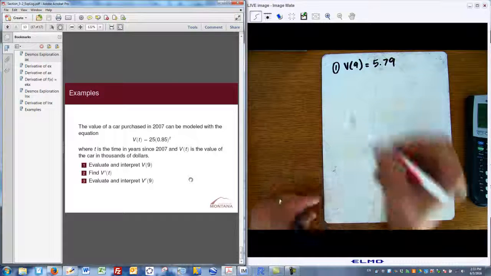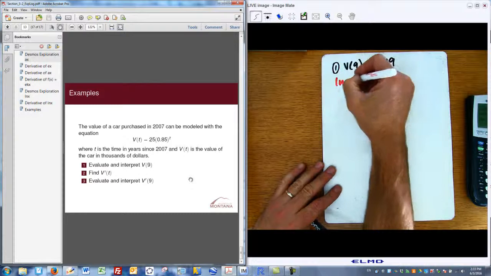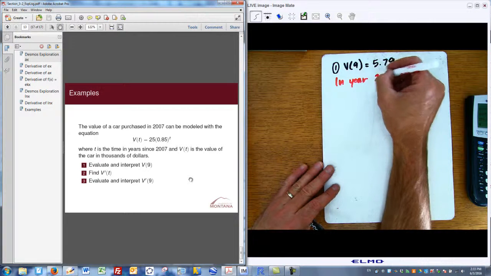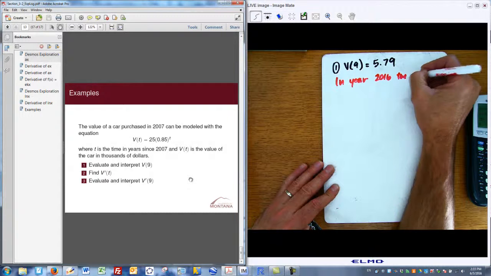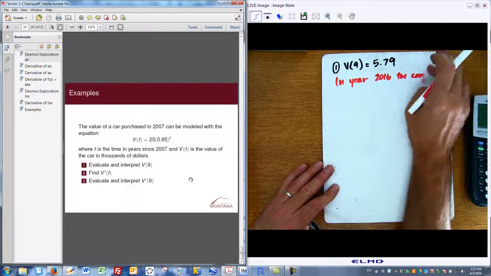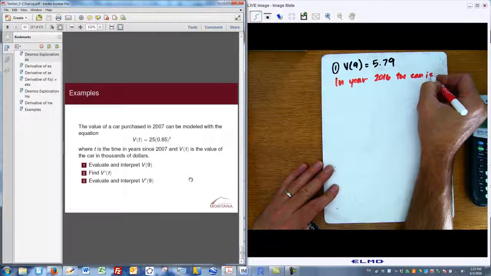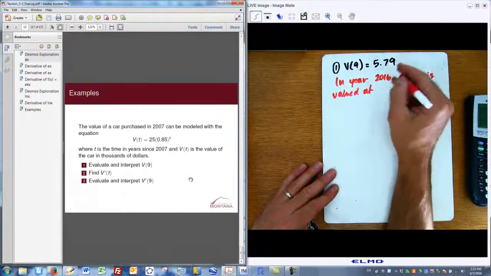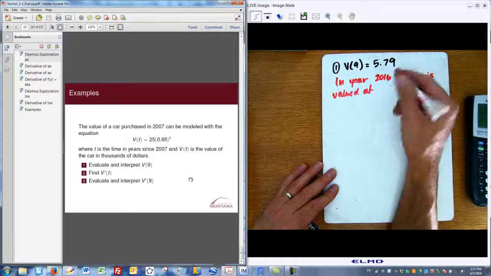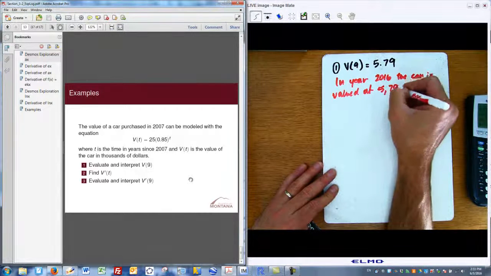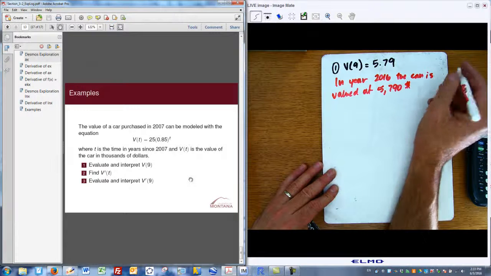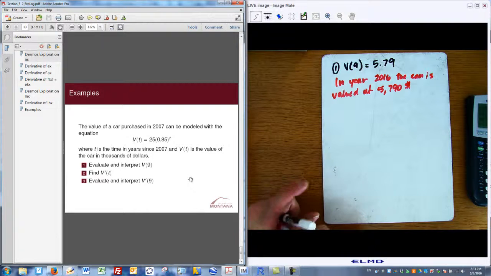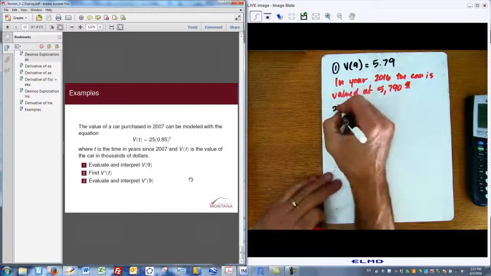We would say that in the year 2007 plus 9, or 2016, the car is valued at 5.79 thousands of dollars, so what, $5,790. I should probably put about someplace in there, but I think that's good enough for our purposes here.